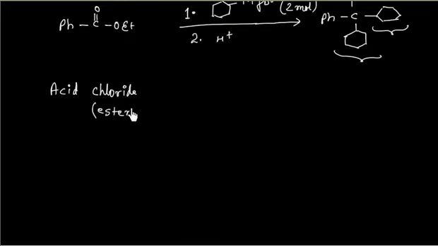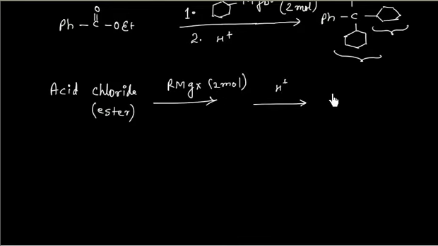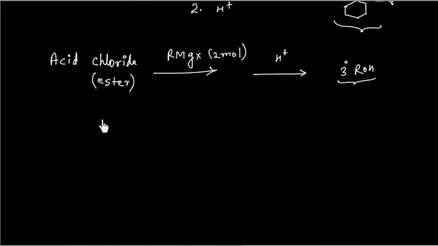We can take ester or acid chloride, and if I treat with 2 moles of Grignard reagent, and do further acidification, finally we will have a tertiary alcohol, and this tertiary alcohol will have 2 identical alkyl groups.